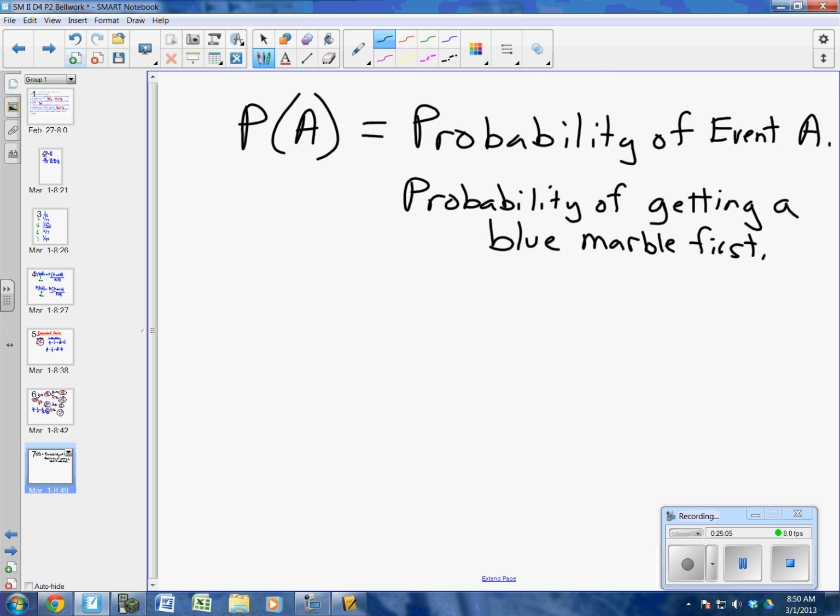Now, what is the chance of getting a blue marble first, you guys? 2/5 chance, right? Okay. Now, probability of B. That means the probability of getting a B, right? Event B. I'm trying to find what it wants us to find here. And probability of B is getting a blue marble second. Okay?